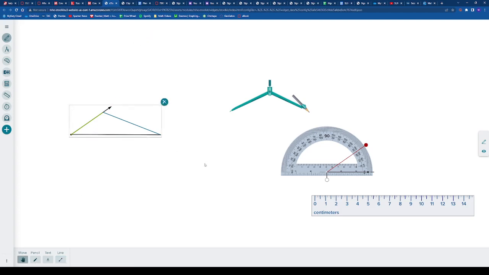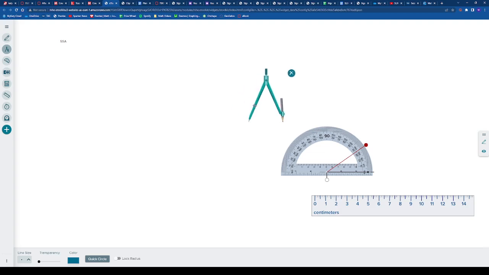Next we're going to look at side, side, angle. Side, side, angle is a tricky one because sometimes it works. So let's look at both cases for side, side, angle and see where it works and where it doesn't work.